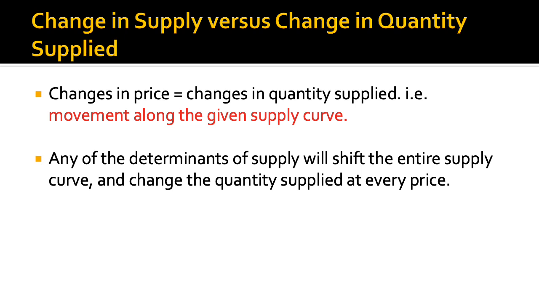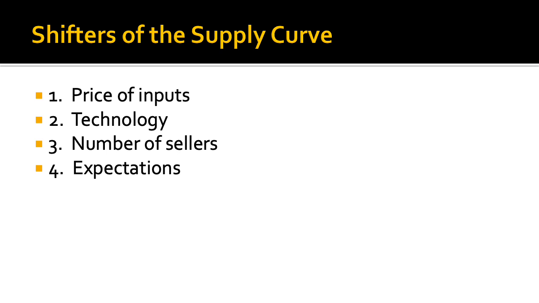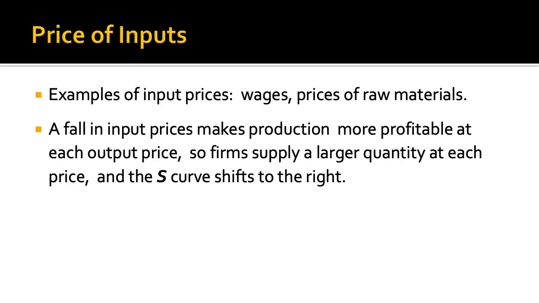If we had this supply curve here, S, in order to shift it, or increase it, or shift it to the right, you would need to change one of the determinants of supply that is not the actual price on the y-axis. The 4 shifters of supply are the price of inputs, technology, number of sellers, and expectations of future prices.